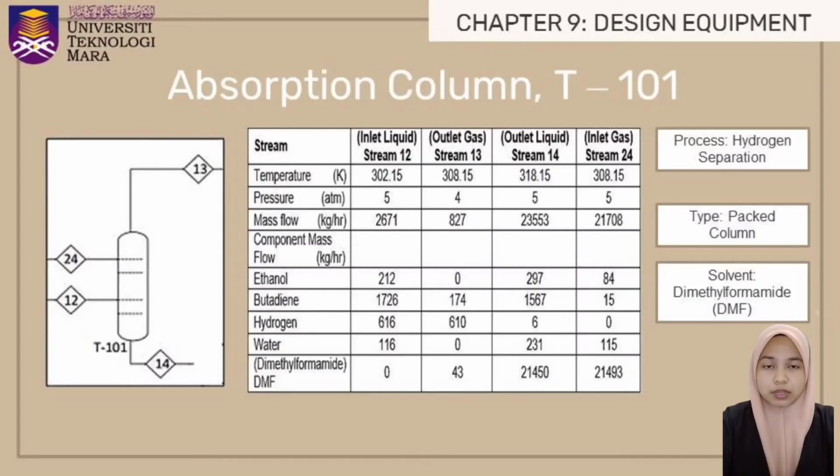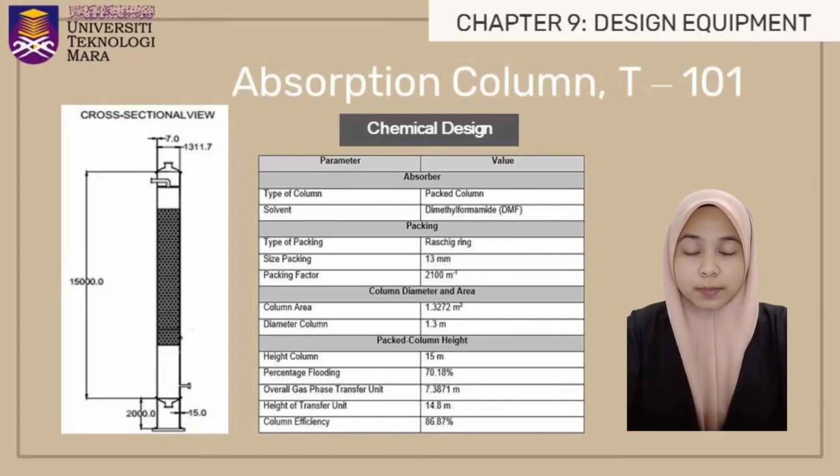The absorption column is one of the major equipment in the butadiene production plant for the hydrogen separation process. The table shows the composition, flow rate, pressure and temperature of stream 12, stream 13, stream 14 and stream 24. In the chemical design of the absorber, a packed column is used with a solvent of dimethyl-formamide, DMF.